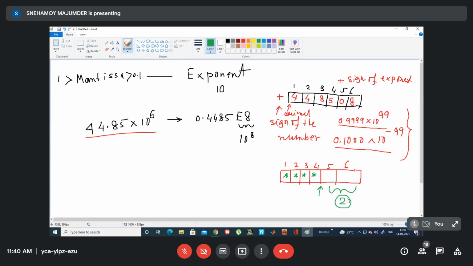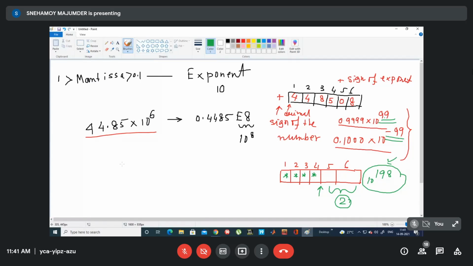Here by writing 4 significant numbers I have sacrificed 2, reduced 2, but by that I have gained a range of 10 to the power 198. Difference between these two. তাহলে I have got that is 10 to the minus 99 থেকে 99. I've got this range, which is a huge range.